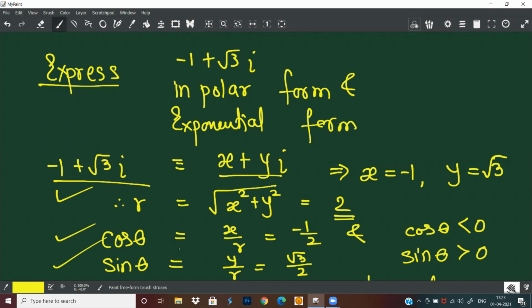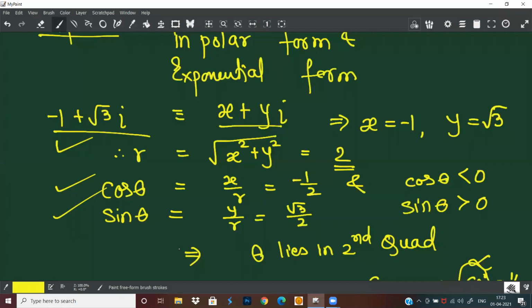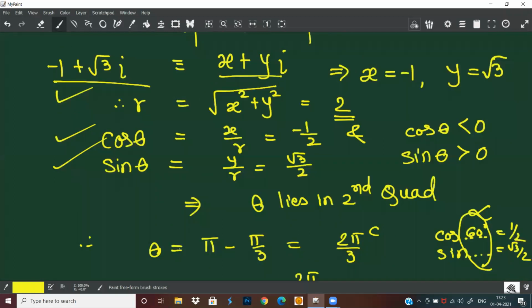Now we have to see which quadrant it lies in. If it is first quadrant, directly take value of theta. Second quadrant, pi minus alpha. Third quadrant, pi plus alpha. And fourth quadrant, 2 pi minus alpha. Alpha is neglecting the signs. You have to check which angle holds good, which values hold good for that particular angle. Like here, these are values of 60 degrees. So pi minus pi by 3. All of you are clear?